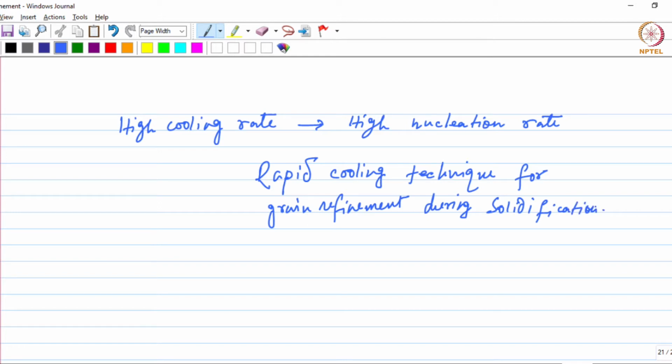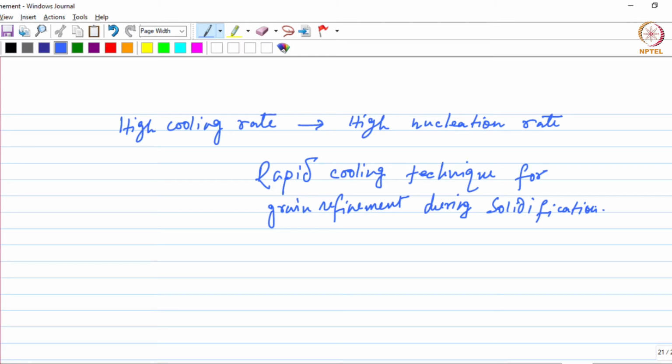Right. So apart from addition of grain refiners into the melt, we have another technique by which the grain size can be refined during the solidification process, and it is through applying a high cooling rate, because as we have seen by now, a high cooling rate will promote a high undercooling, and that will in turn lead to a high nucleation rate.